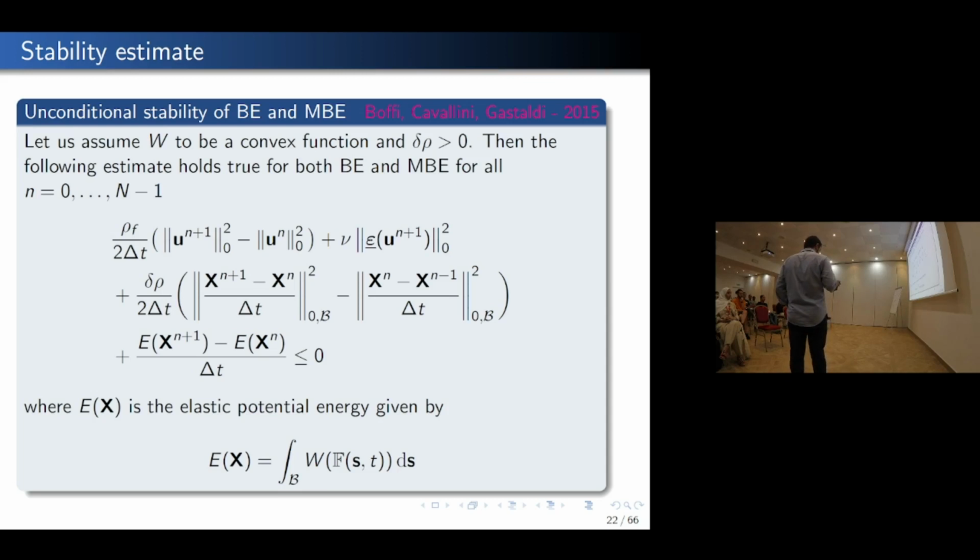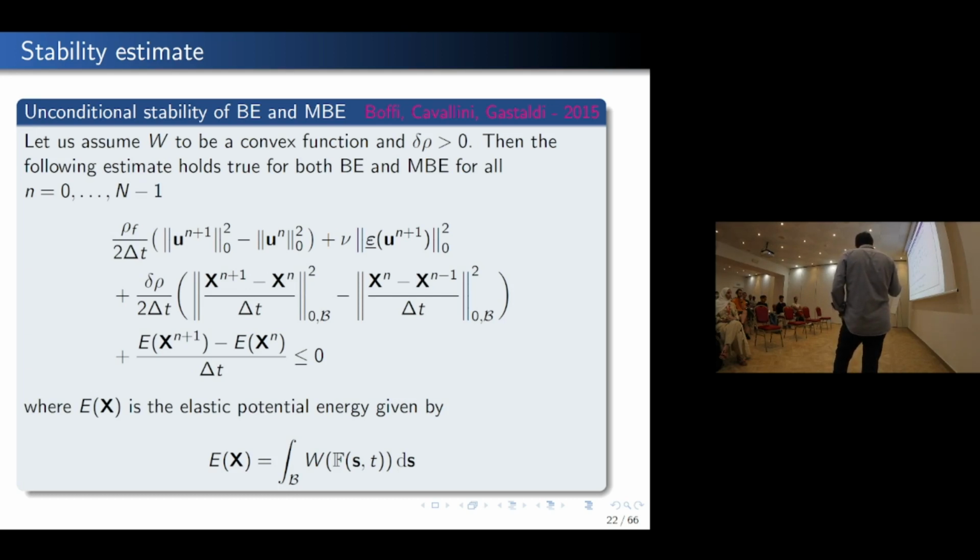And in particular, E(x) is this elastic potential energy. I will show you the proof. We have rho_f over 2 delta t times the L2 norm squared of u^{n+1} minus the L2 norm squared of u^n, plus nu, where nu means nu_f in Omega_f^t and nu_s in Omega_s^t, times the L2 norm squared of the symmetric gradient of u^{n+1}.